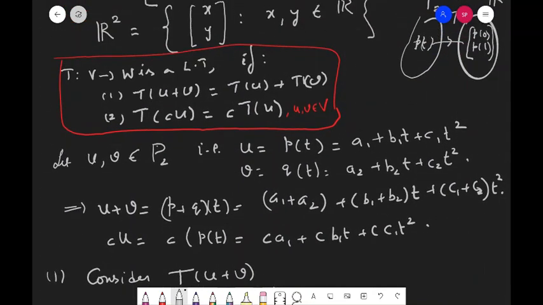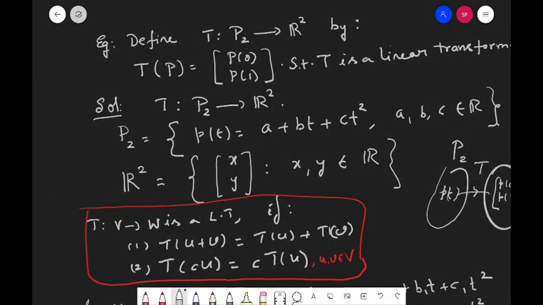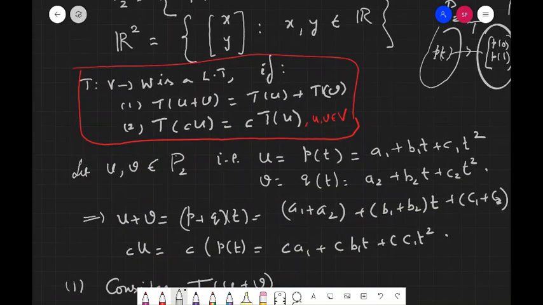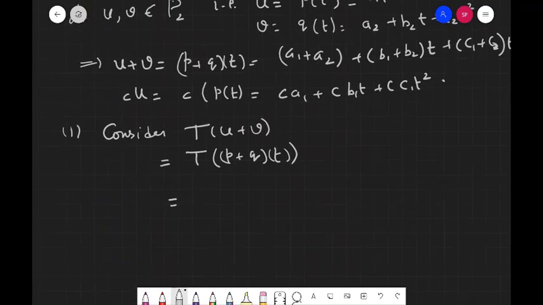The definition is given here. T of P is the column vector P of 0, P of 1. So we have T of P means P of 0, P of 1.